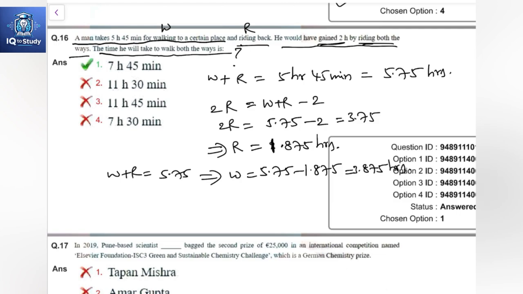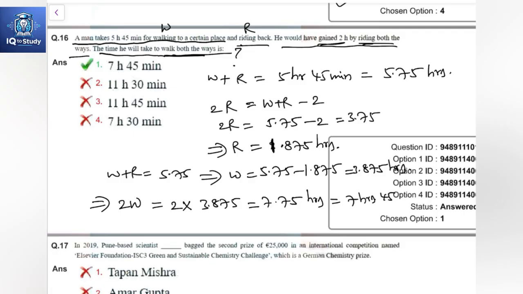So, walking both the ways means 2W, which is equal to 2 into 3.875, that is 7.75 hours. It can be written as 7 hours 45 minutes, which is option number 1.